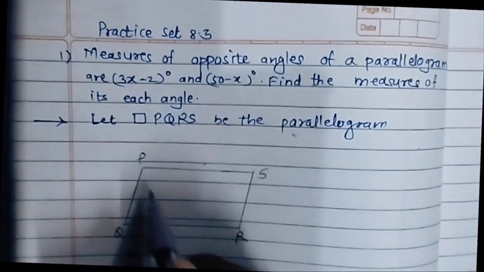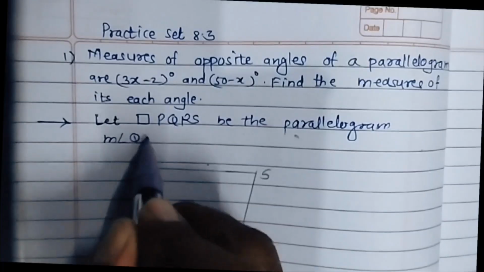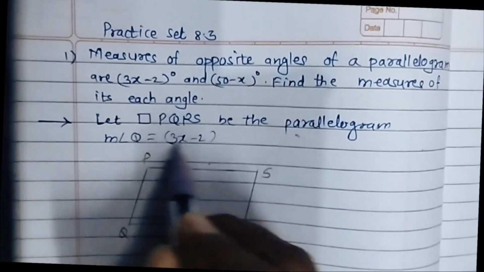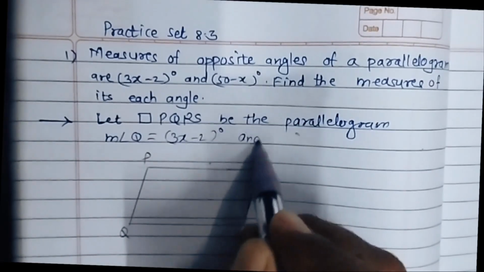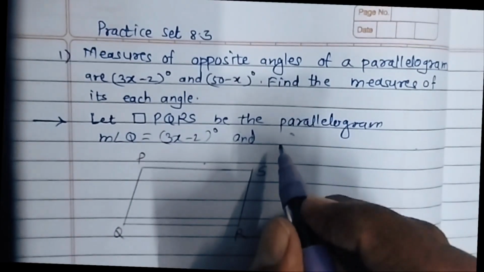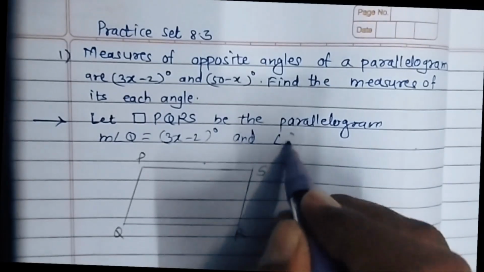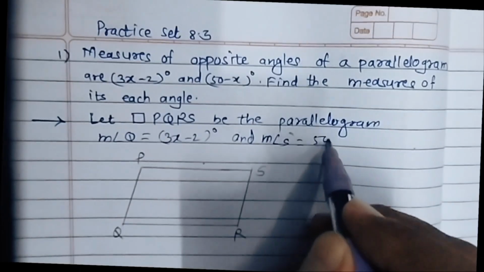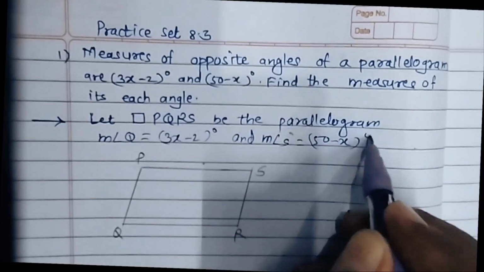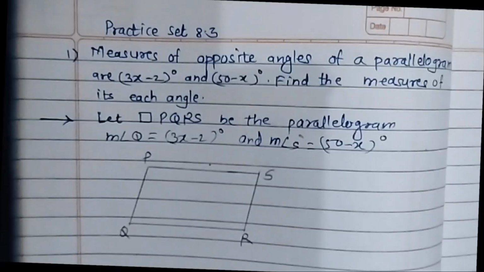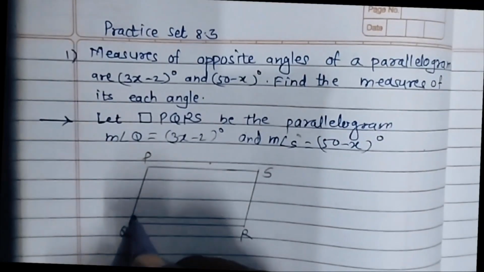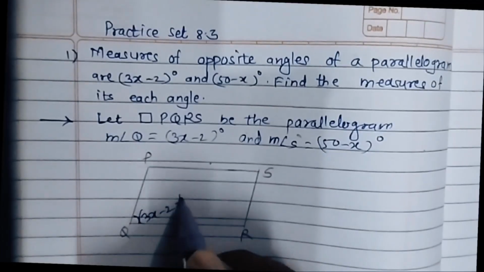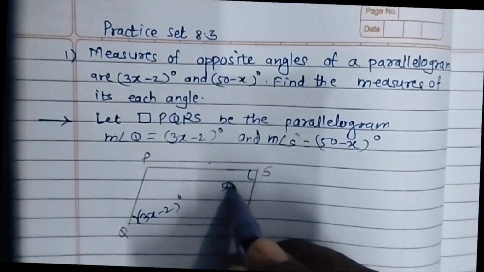Here measure of angle Q is equal to (3x - 2) degree and its opposite angle, that is angle S, measure of angle S is equal to (50 - x) degree. Angle Q is (3x - 2) degree, angle S is (50 - x) degree.